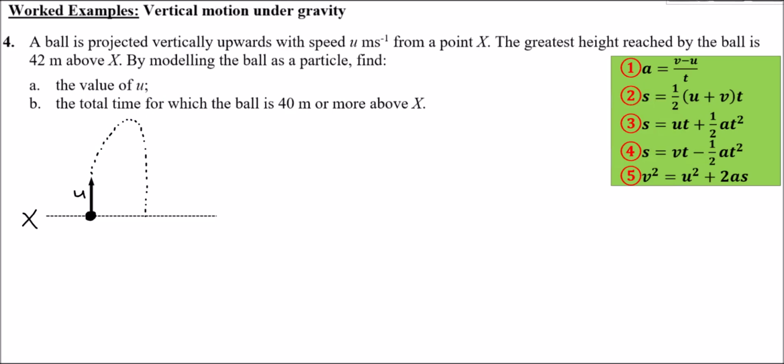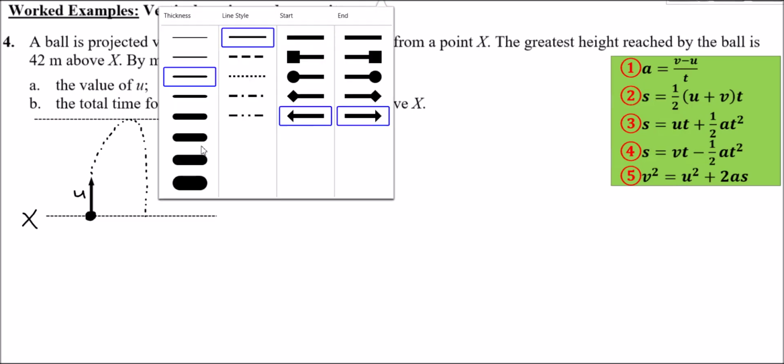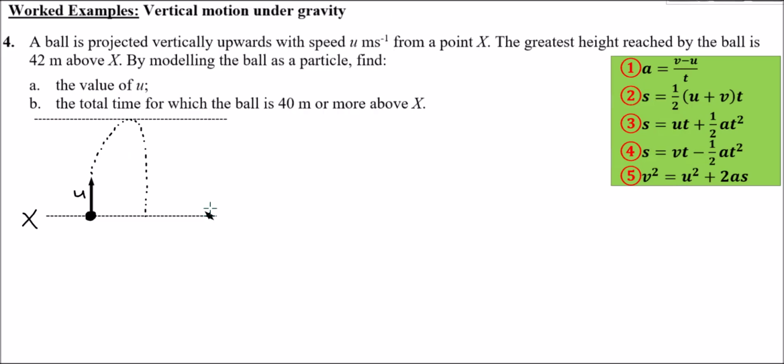Anyhow, so we are told that the maximum height it goes above X is 42 meters, so we can label this in as well. So that's 42 meters. And we need to calculate the value of u.